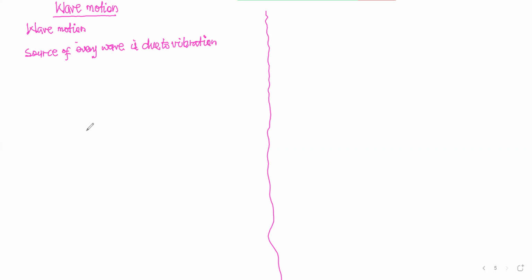So we define wave motion as a traveling disturbance.